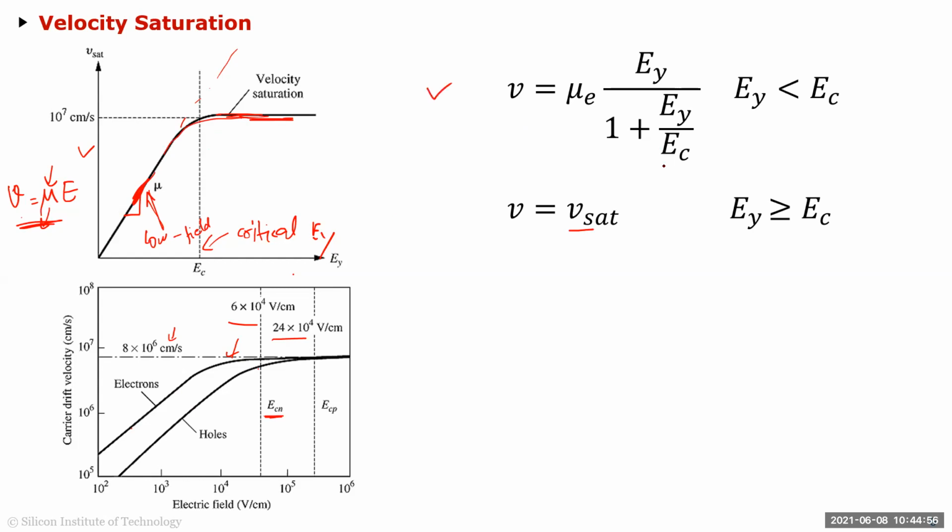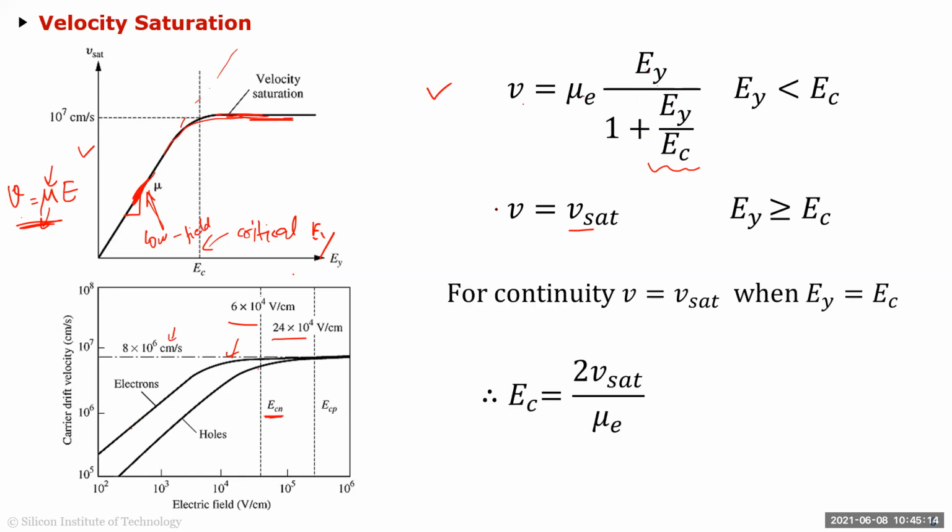So you can see that if EY is much less than EC, then V is equal to mu times EY, which is our earlier equation. And then if EY is much, much greater than EC, then the EY cancels, and VSAT we can equate to EC times mu over 2, which is basically this equation for the condition that the horizontal field is much greater than this critical field here.